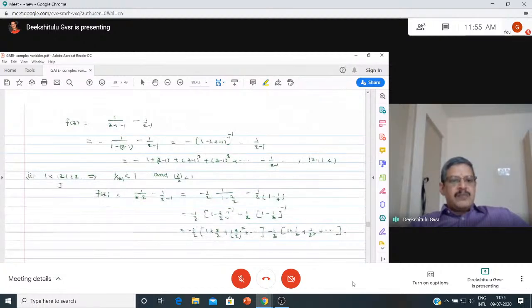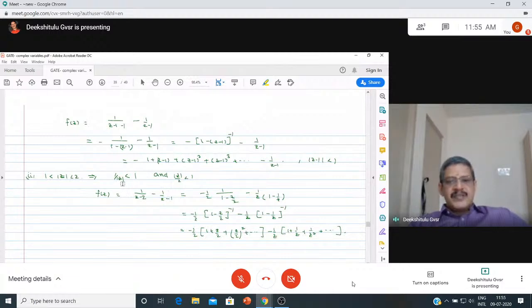Now in the region mod 1 less than mod z less than 2, we have 1 by mod z less than 1 and mod z by 2 less than 1. So all the terms are in terms of 1 by z and z by 2. For 1 by z minus 2, you have to convert this into z by 2 terms. If you take 2 common, it becomes 1 minus z by 2.